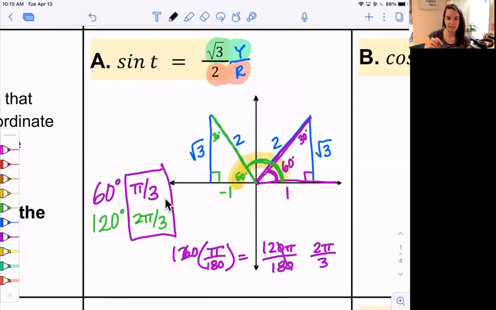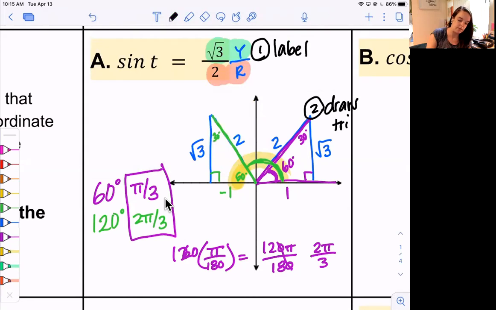Let's break down our pieces here. The first thing we did was label, just as we've been doing. The second thing that we did was draw the triangles, and we drew both of them, 1 and 2. The third thing that we did was figure out the angles.